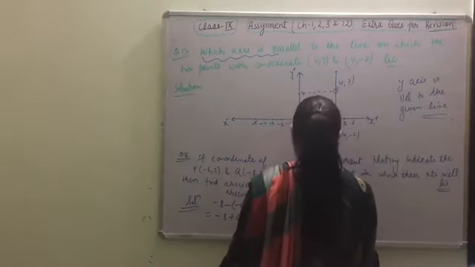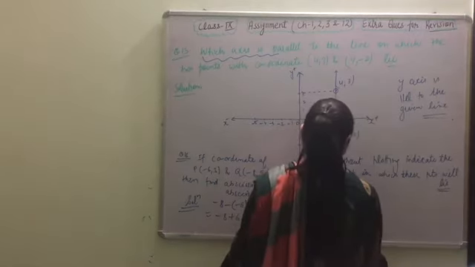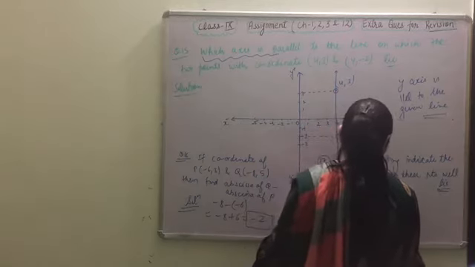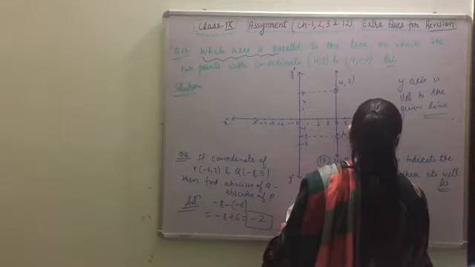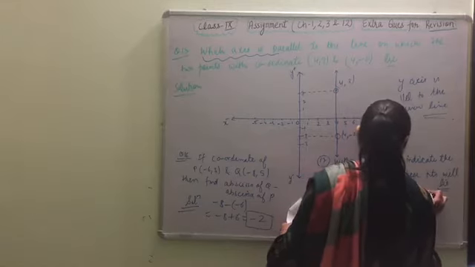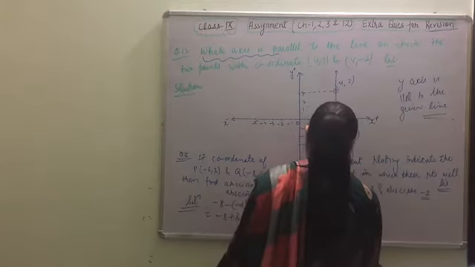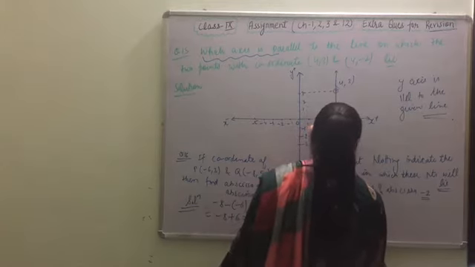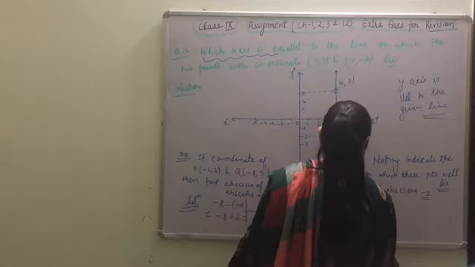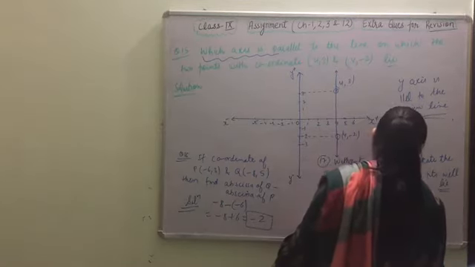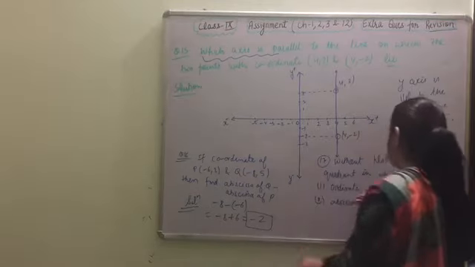The first part is ordinate minus 3 and abscissa minus 2, and the second part is abscissa 5 and ordinate minus 6.